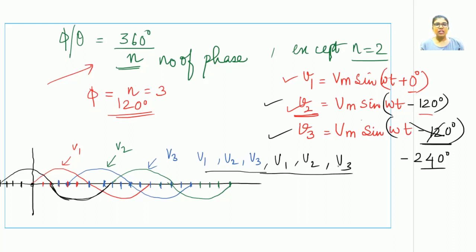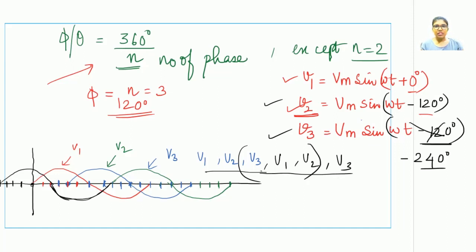So if I capture a particular moment during the generation, let's say something like this. So we can see there is a time when V3 can appear prior to V1 because everything is going in a cyclic manner. Similarly, V2 appears ahead of V3, which you have already studied.